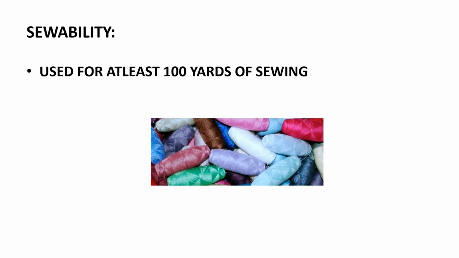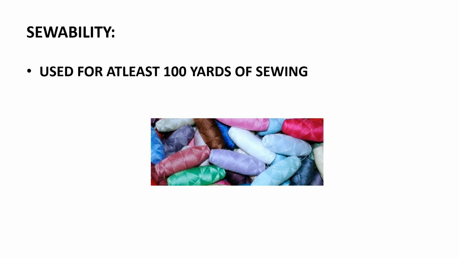Why not 10 yards? If you have more, it is good for us because you can do the sewing operation for more time. And if it's less, yes, it can be less also, because there are a lot of style changes. So the sewing thread package will be finished and the next style we can go quickly.